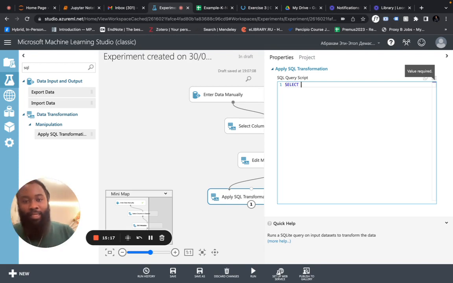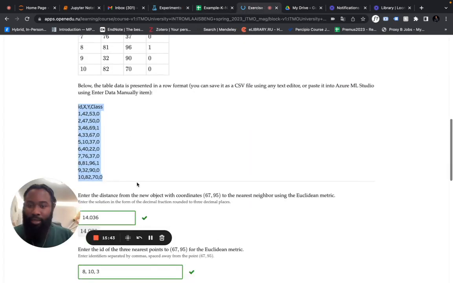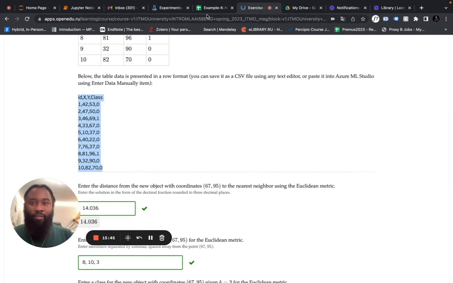So select, let's first get the ID. Let's get X1, let's get X2. Let's get the class, which is Y. Now we need to do the square root. Remember the formula? So power of the new point is 67 and 95.